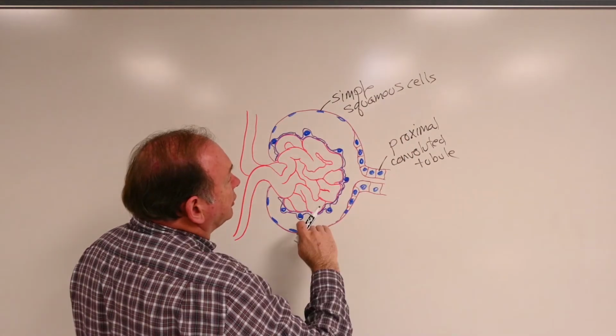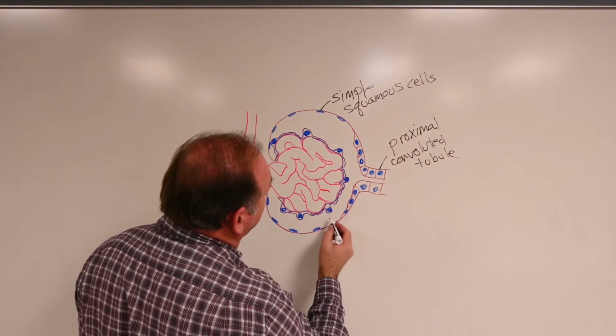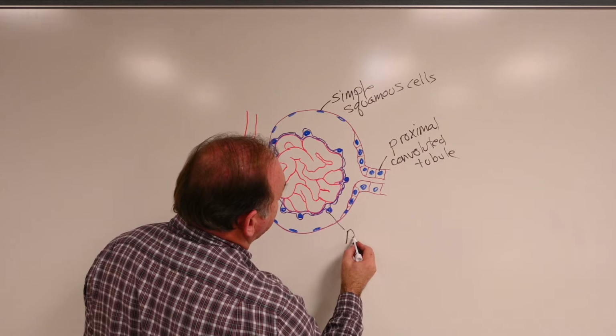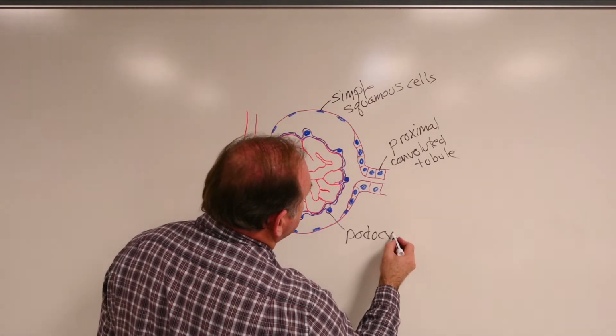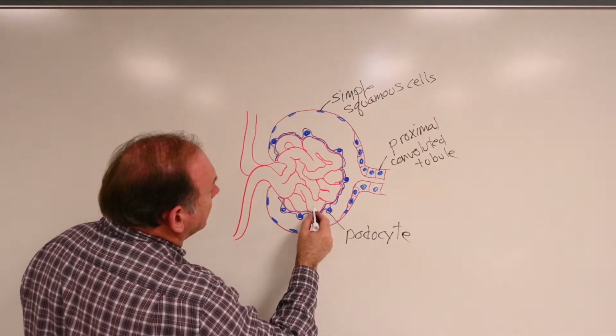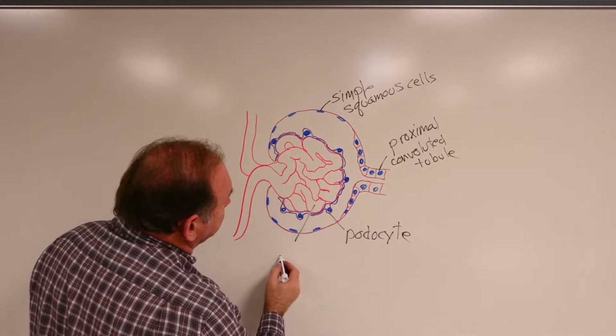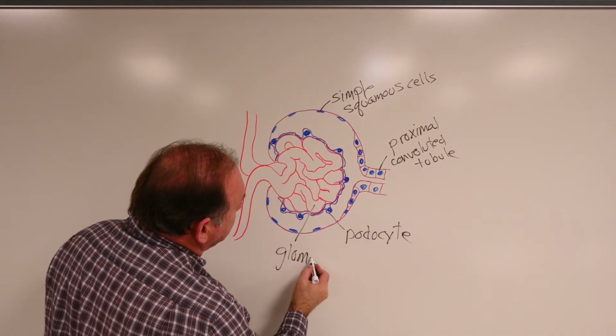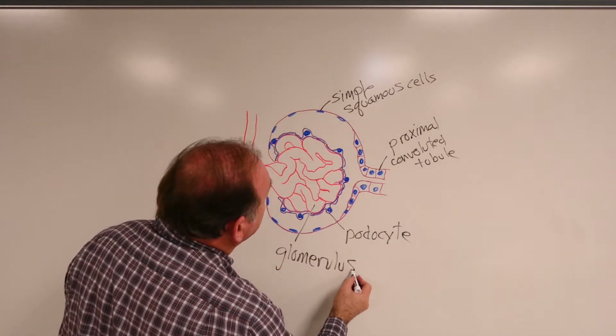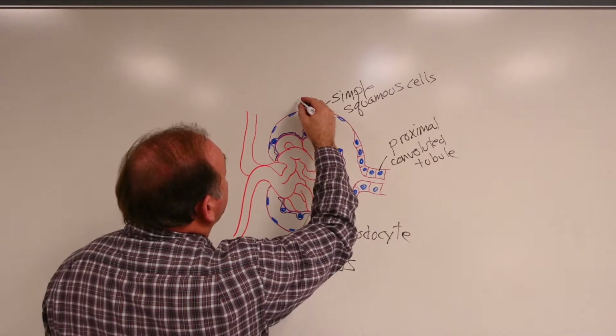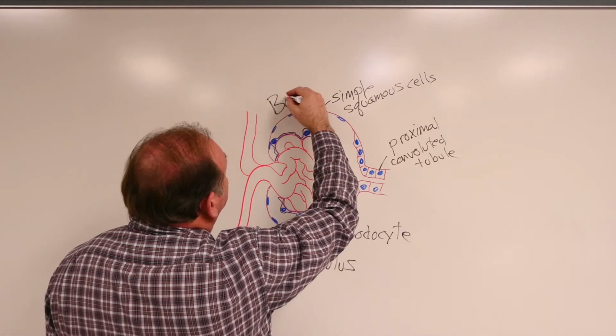Simple squamous cells, proximal convoluted tubule, podocyte, glomerulus, Bowman's capsule.